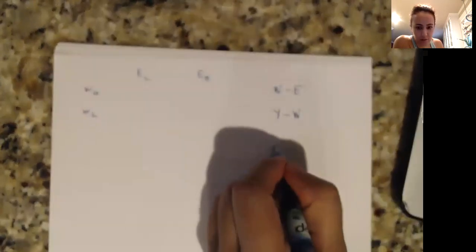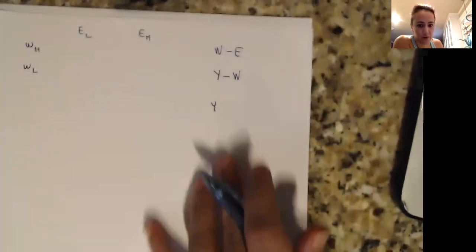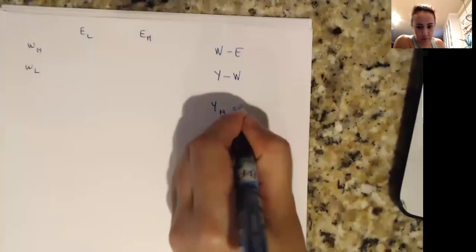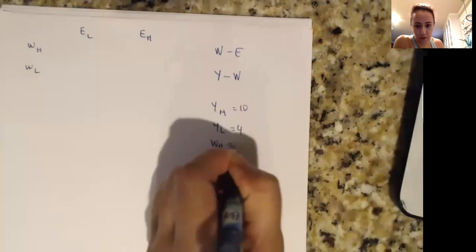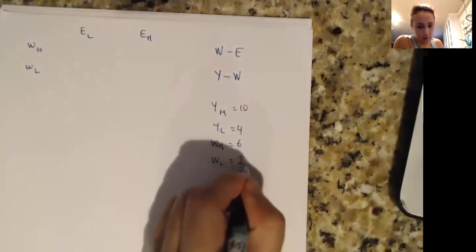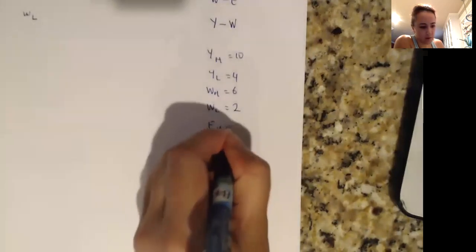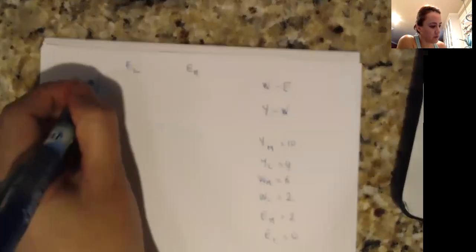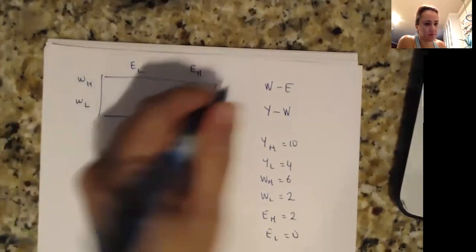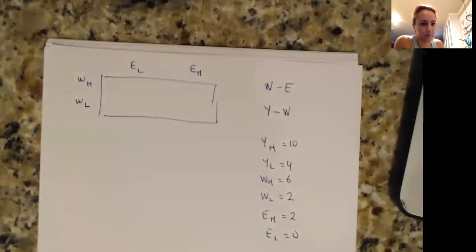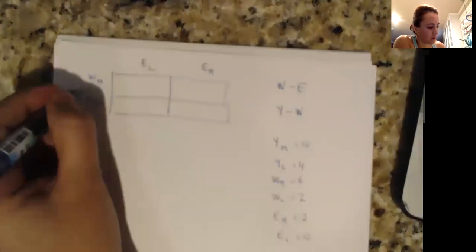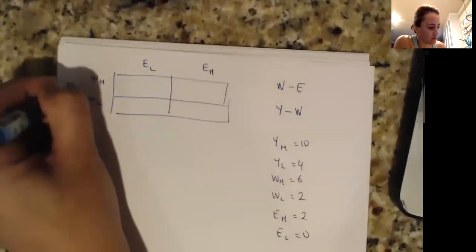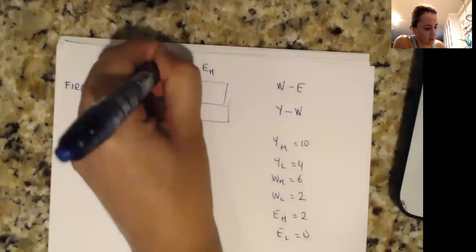Here I'm giving the values for YH, YL, WH, WL, EH, and EL equal to 0, and we are going to draw the payoff matrix. So if this is the wage, this is the firm, and this is the worker.